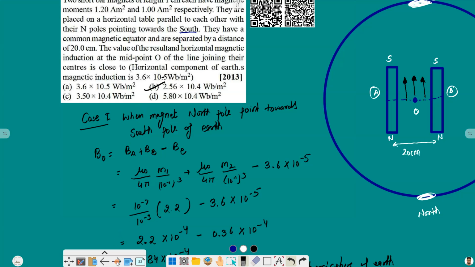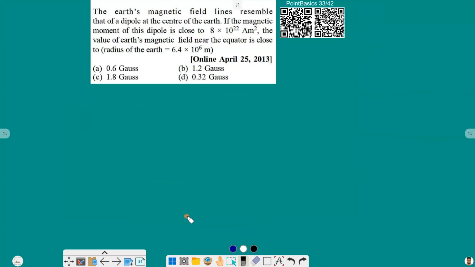Now let's move to the next one. The Earth's magnetic field lines resemble that of a dipole at the center of the Earth. If the magnetic moment of this dipole is close to this value, the Earth's magnetic field near the equator is close to what? So we have to find the value of the magnetic field of Earth near the equator. And we know that an equator point acts as an equatorial point.